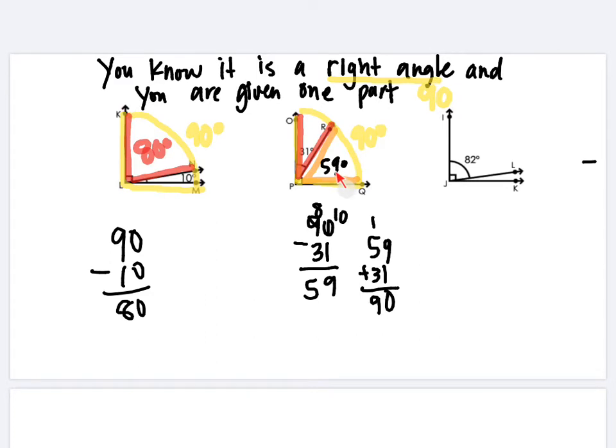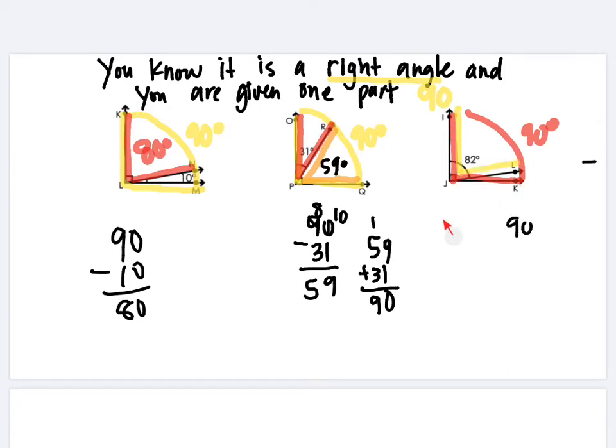We know that angle IJK is 90 degrees. We know because it has that little box in the corner, and that tells us that it is a right angle. We know that angle IJL is 82 degrees.